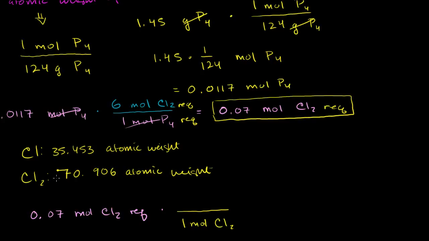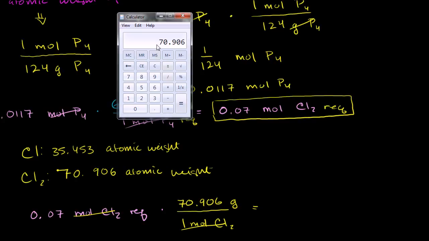Well, if the atomic weight of chlorine gas is 70.906, that means 1 mole of it is going to have a mass of 70.906 grams. We have 0.07 moles, so we'll multiply 0.07 times 70 to figure out how many grams we have. And the units cancel out. We have moles of chlorine gas in the numerator and denominator, and we're just going to have grams required.